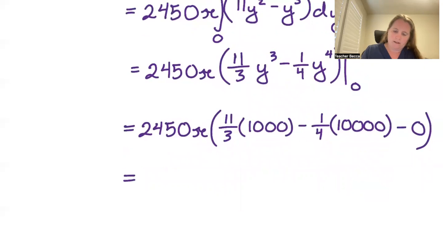If we go ahead and simply evaluate this, plugging it into my calculator, I'm going to go straight to decimals. So we have 2,450 times pi times 11 thirds times 1,000 minus 1/4 times 10,000.